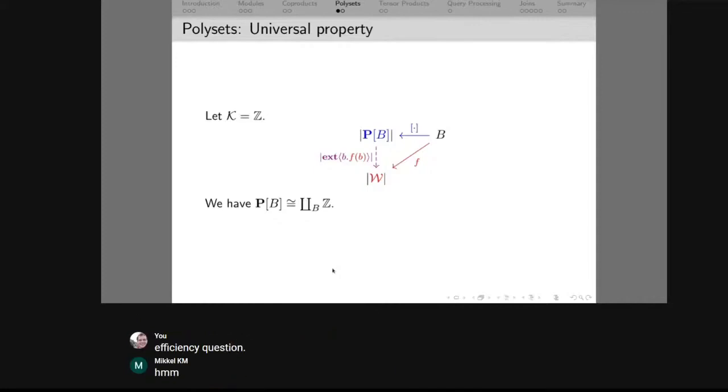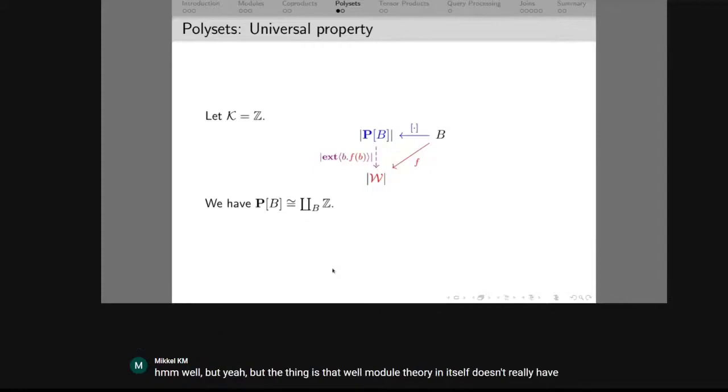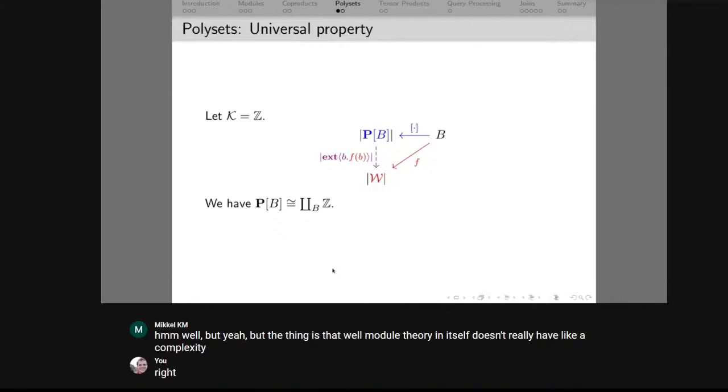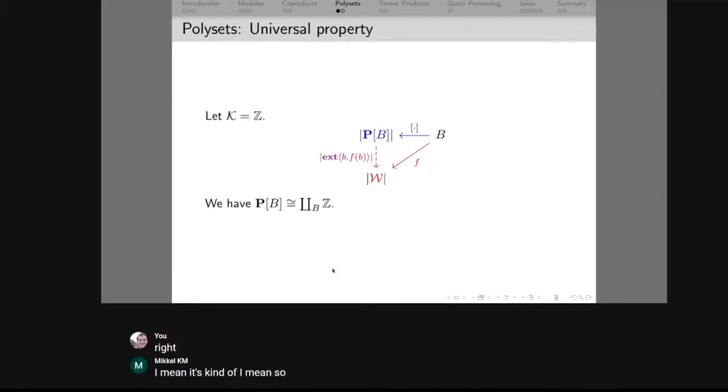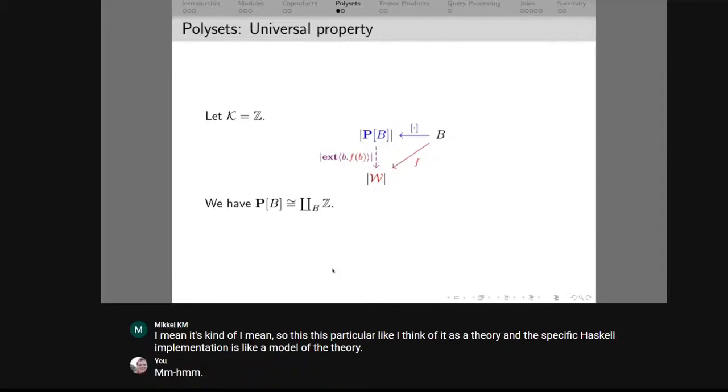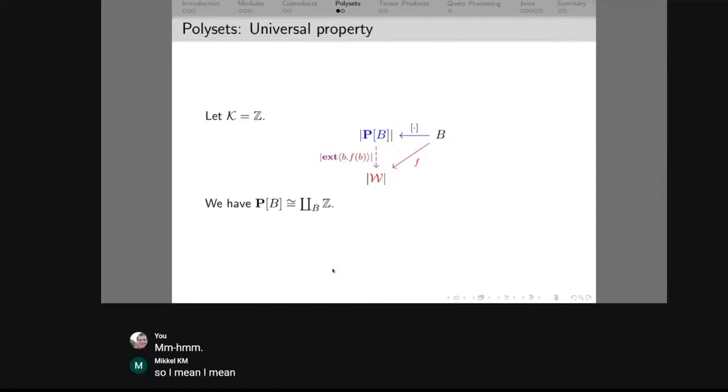Well, module theory in itself doesn't really have a complexity. Think of it as a theory, and the specific Haskell implementation is a model of the theory. So to me, it doesn't really make sense to say that this theory is faster than the other theory.